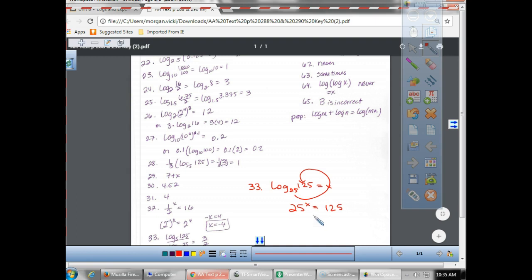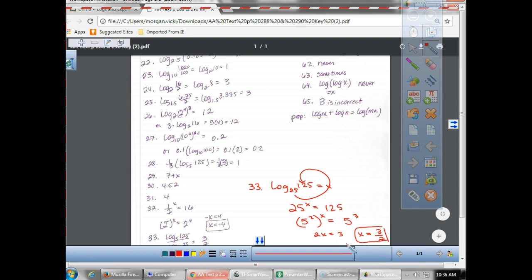And what would be your common base? 5. Okay, so this would be 5 squared to the x, and this would be 5 to the cube. So then you just focus on the exponents. So 2x is equal to 3. So x is going to be the 3/2 that we got.